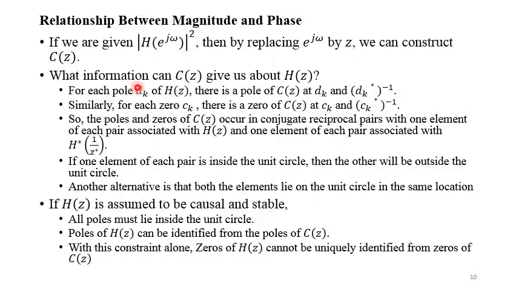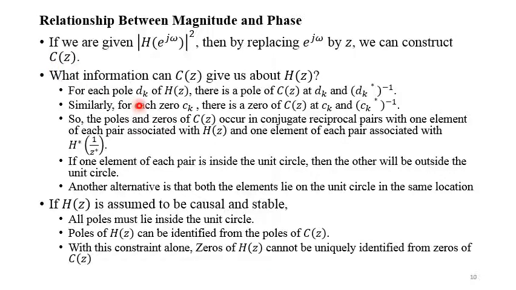Thus when we are given the magnitude squared of H(e^{jω}), then by replacing e^{jω} by z, we can construct C(z) as we did on the previous slide. So what information can we get from C(z) about H(z)?